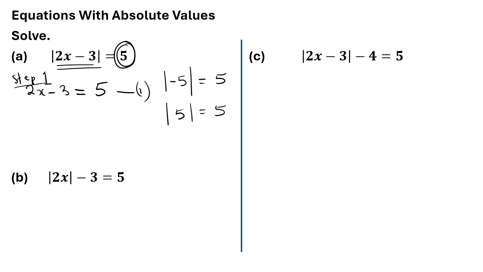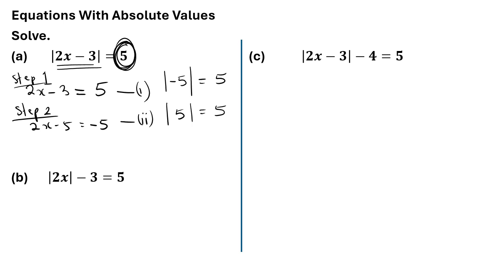In step 2, we'll repeat 2x minus 3, but this time we'll set it equal to the opposite of 5. The opposite of positive 5 is negative 5. This is the strategy you need to solve equations involving absolute value. At the end of the day, you're going to get two separate answers for x.